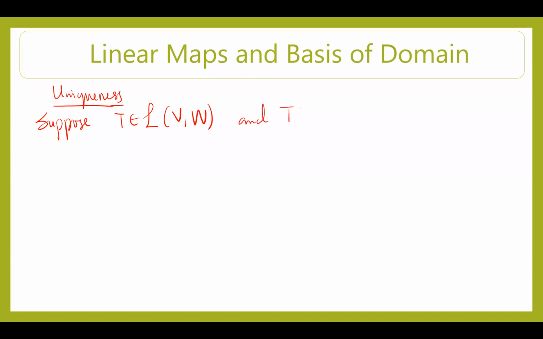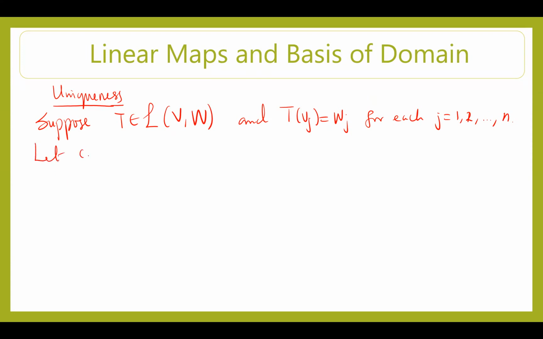And we have also shown that T of Vj equals Wj for each j, starting from 1, 2, all the way to n.